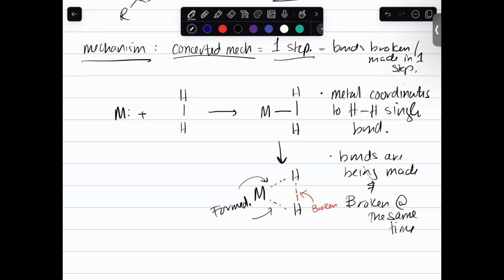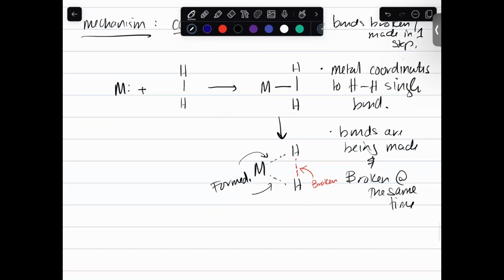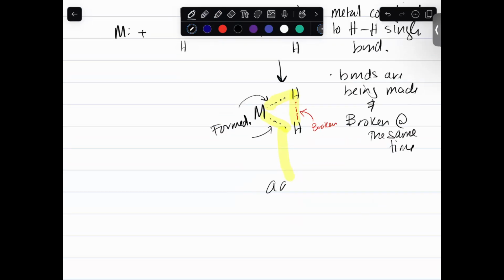And these bonds are known as agostic bonds. They're not fully formed bonds or fully broken bonds for that matter. And then, of course, you introduce the metal in between your nonpolar compound and the insertion. Because the bonds are being made and broken at the same time, the insertion has to be cis.